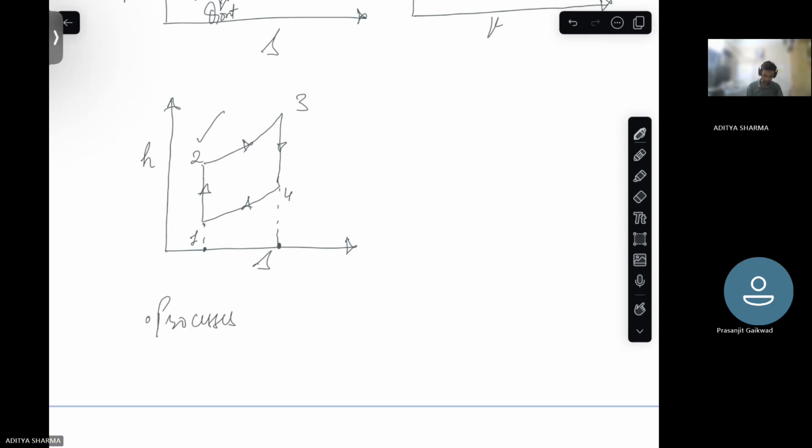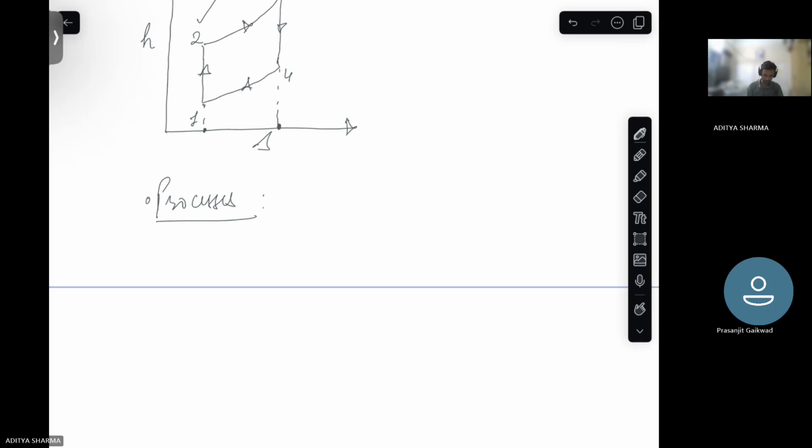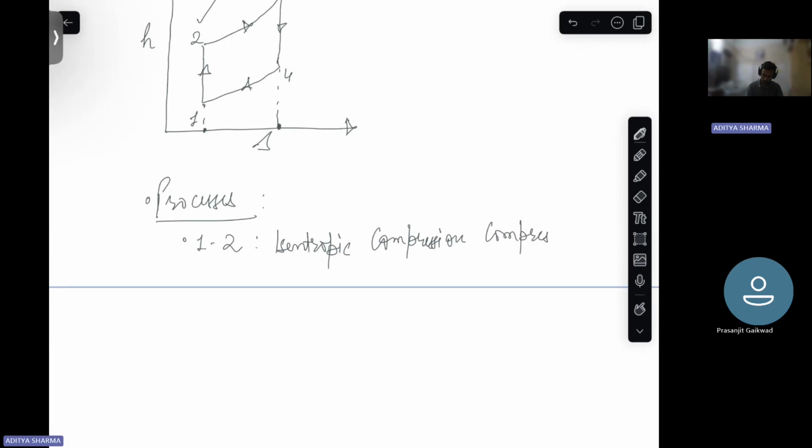Processes. So 1 to 2 is your isentropic compression. Okay. So this is your compressor, basically. 2 to 3 is what?